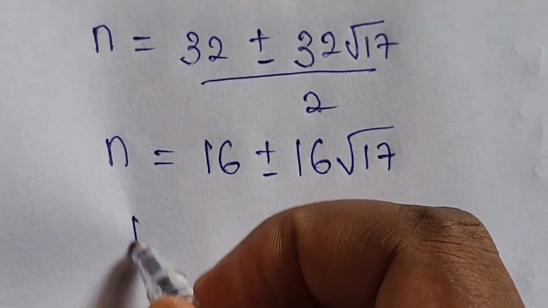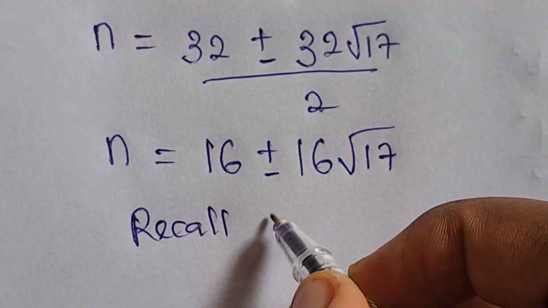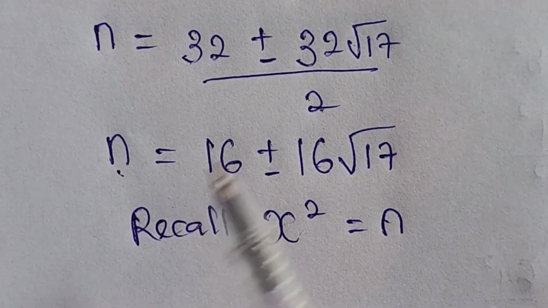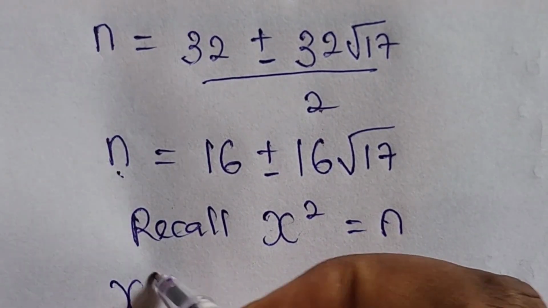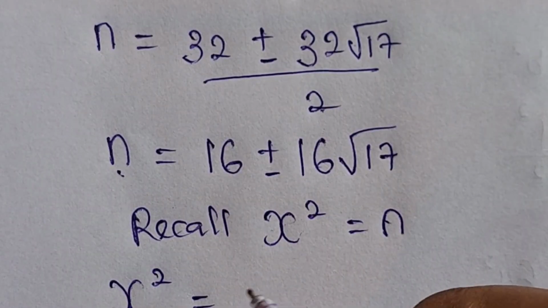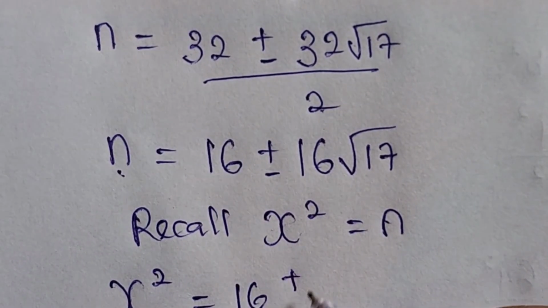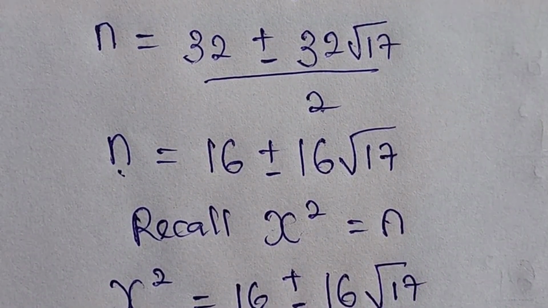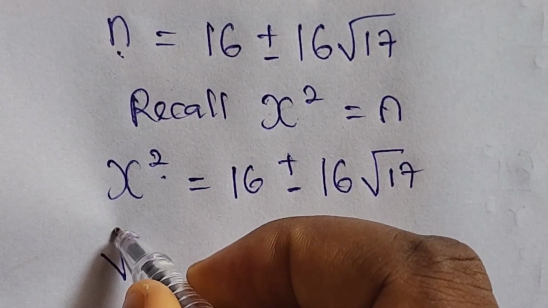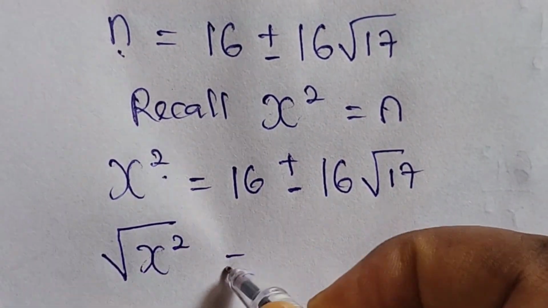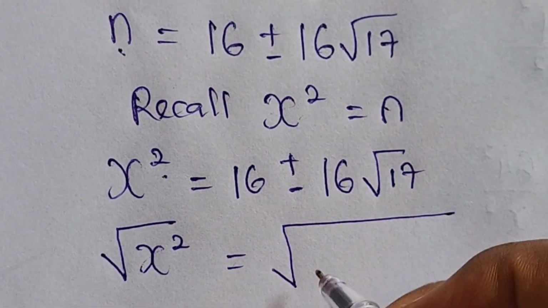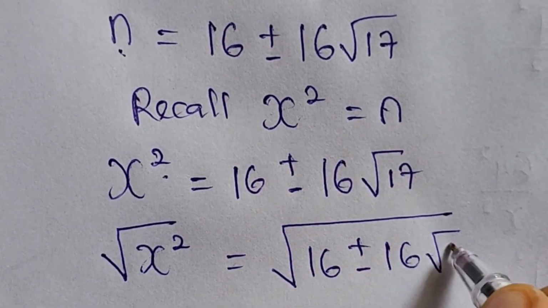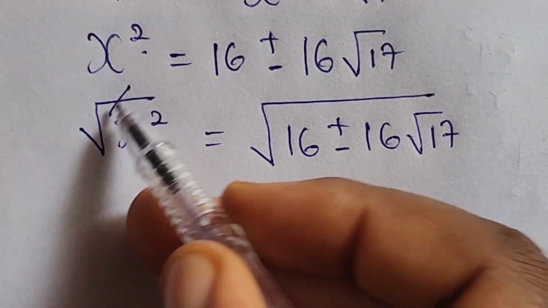Now from here, let's recall that our x squared is equal to n. Our n here becomes x squared is equal to 16 plus or minus 16 root 17. Let's take the square root of both sides. So this cancels out this.